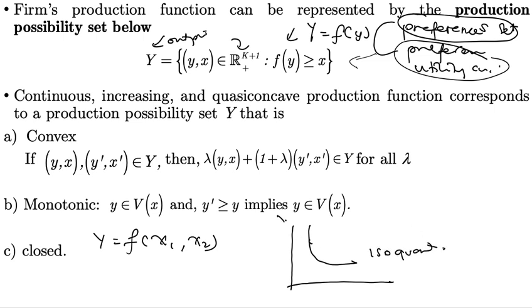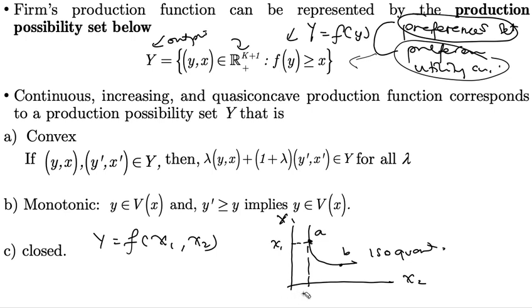Alright, so we have x1 and x2 here. Now if we take two arbitrary factor or input bundles here, let's say the first arbitrary input bundle is this, call it point A, and then another point B. Point A we have, let's say, x1, x2.